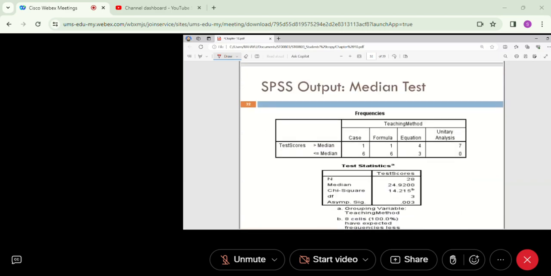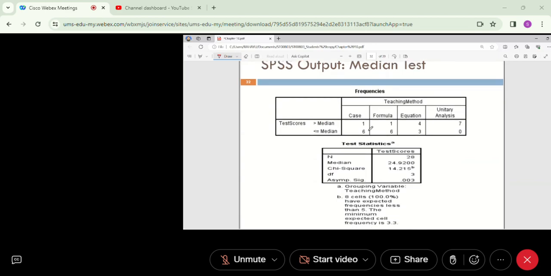And let's say if we want to see the median test, we will look at the median value of the test score. The median value is 24.92. So where did we get the median value?